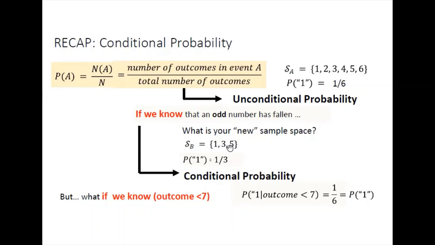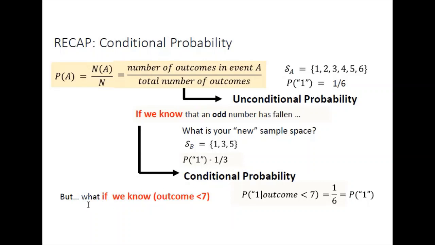You can see that this prior information had impact on the probability of A, because now the probability of 1 is more than before.